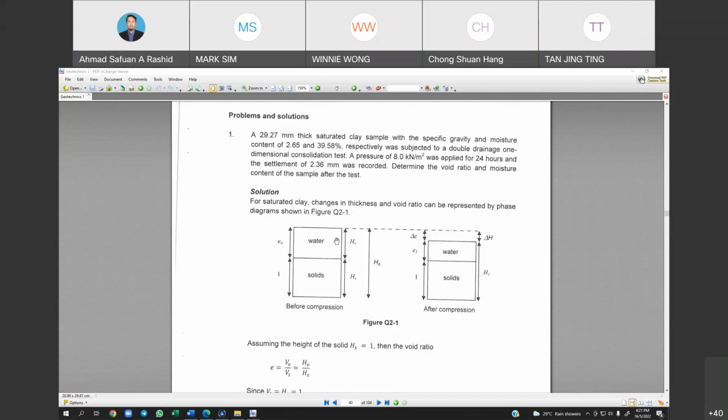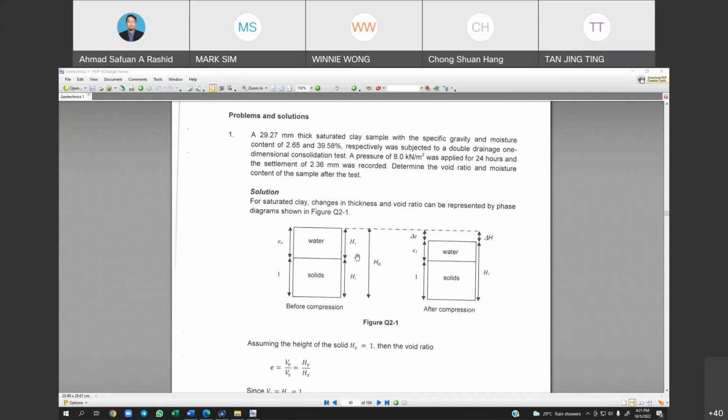Assume that the solids are equal to 1, where HS is the height of the solid, while this is the height of the voids.